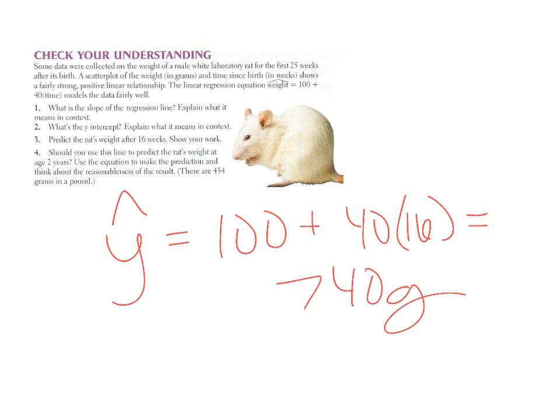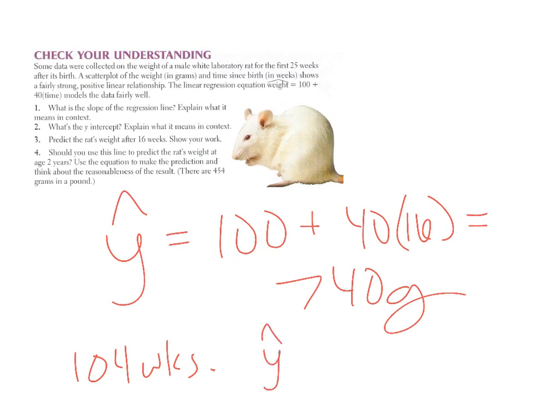Number 4 asks, should you use this line to predict the rat's weight at age 2 years? Use the equation to make the prediction and think about the reasonableness of the result. Over the course of 2 years, there are 104 weeks, because my time here is in weeks.